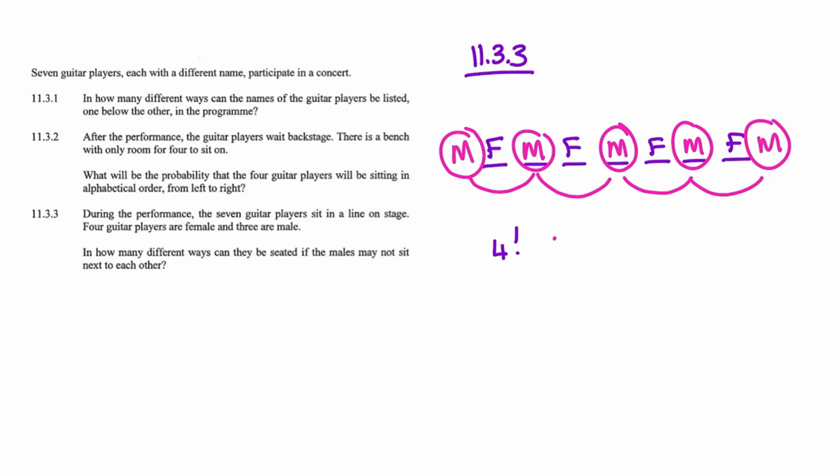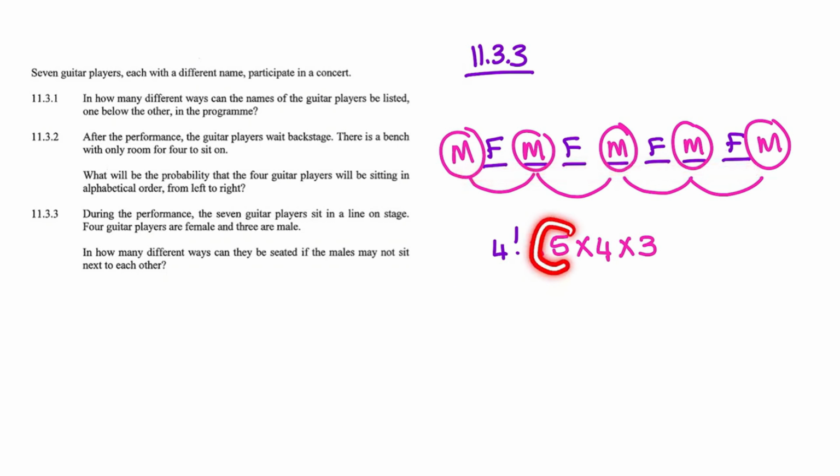So we have 5 groups, but if one male is seated, so let's say he takes that first position, then there's only 4 groups left for the second male. So that is times 4. And then obviously for the last male, there's 1 grouping left. So notice I'm speaking about groupings. So if we start, for example, with male 1, he has 5 options in which he can be arranged.